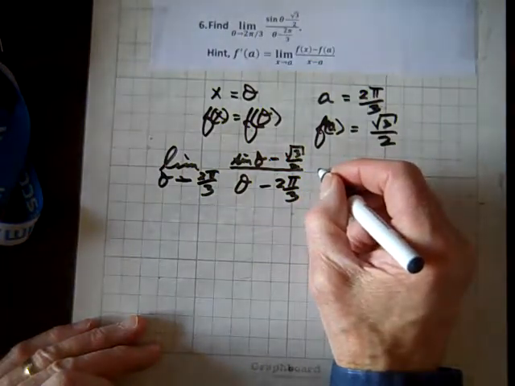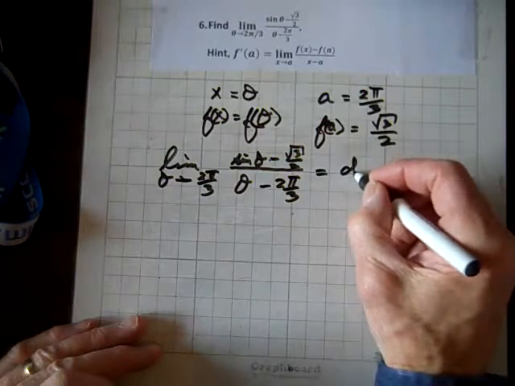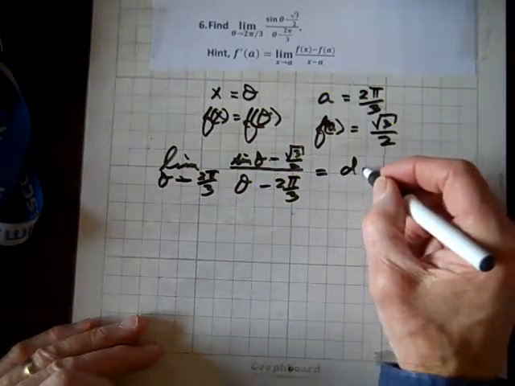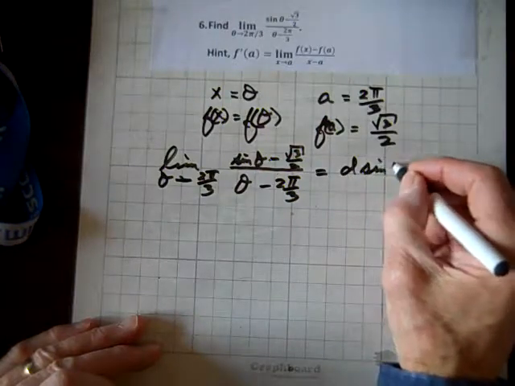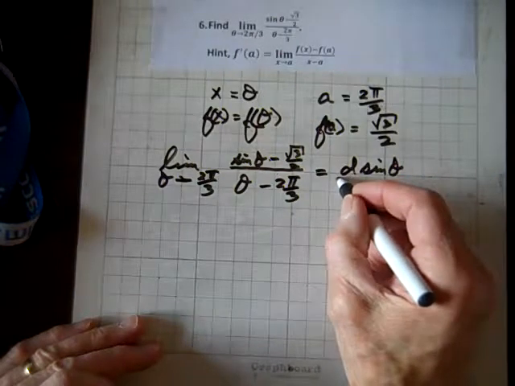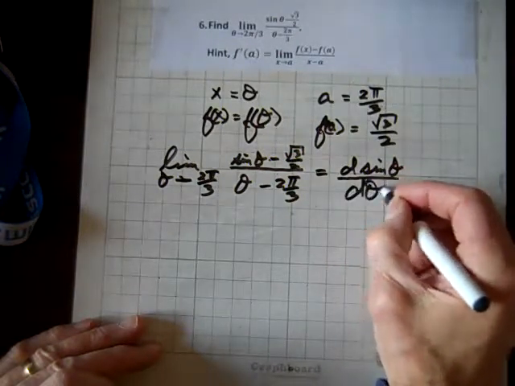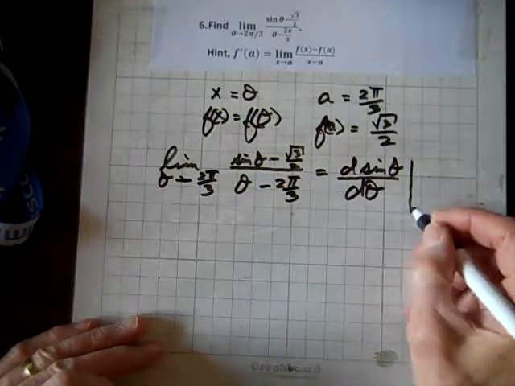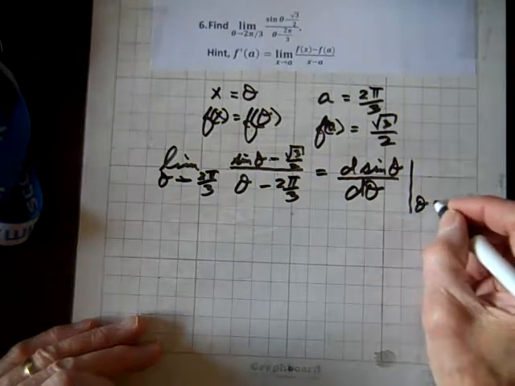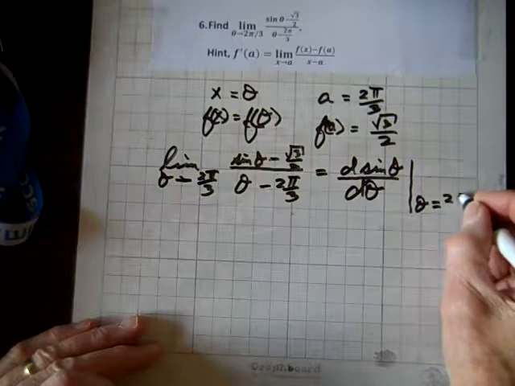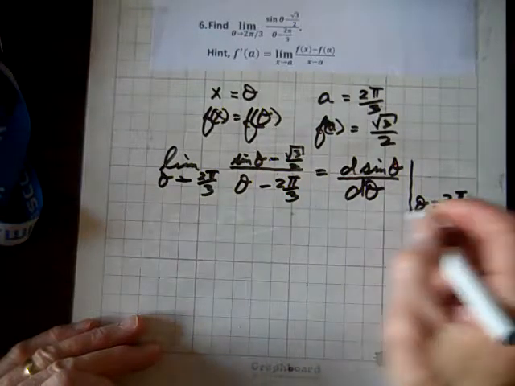That just equates to the derivative of the sine of theta with respect to theta, evaluated at theta equals 2 pi over 3.